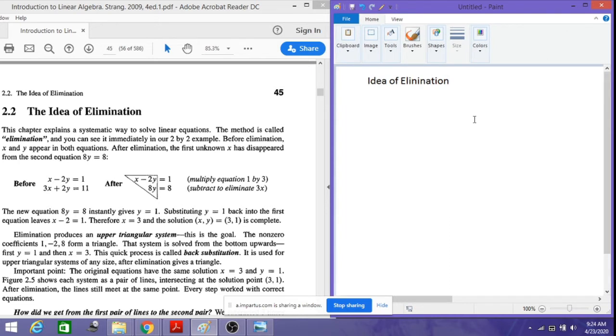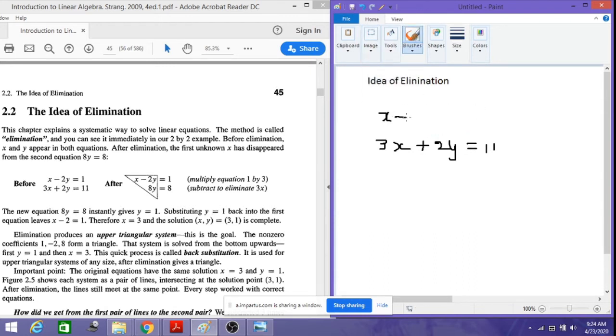How do we eliminate? Let me take the same two equations again that I had written, that is x minus 2y equal to 1, and 3x plus 2y equal to 11. Let me write this clearly.